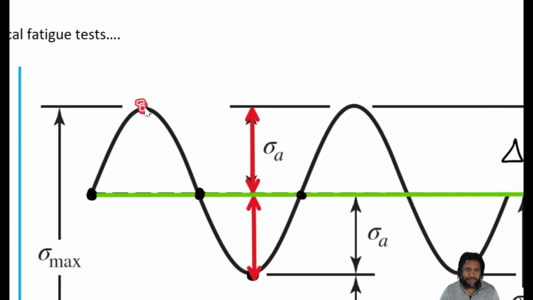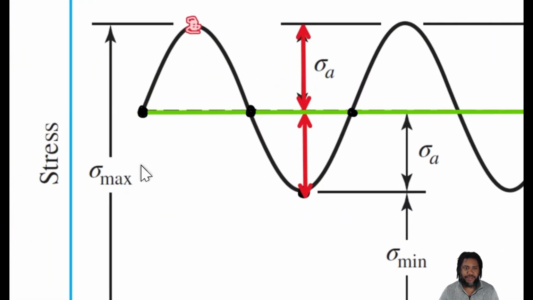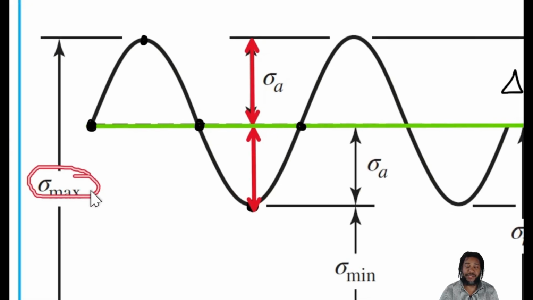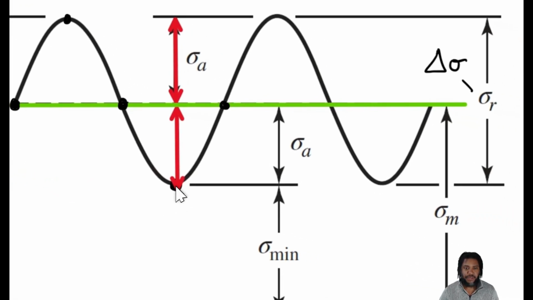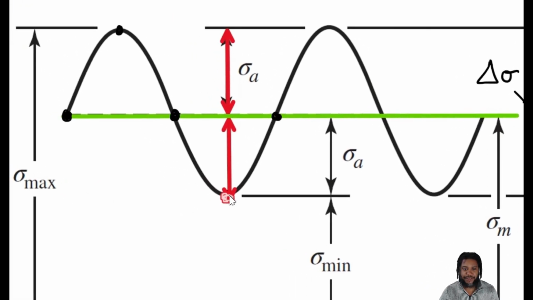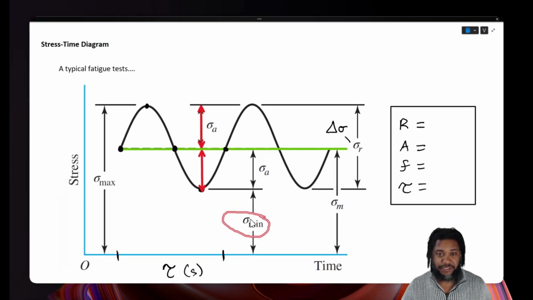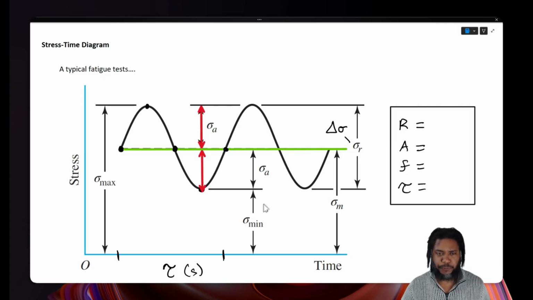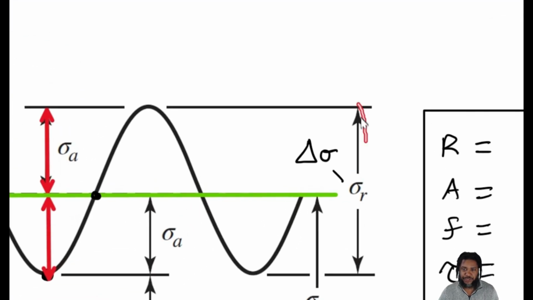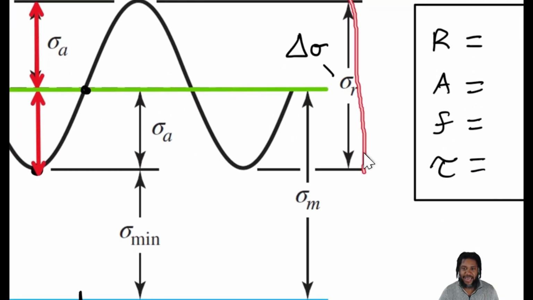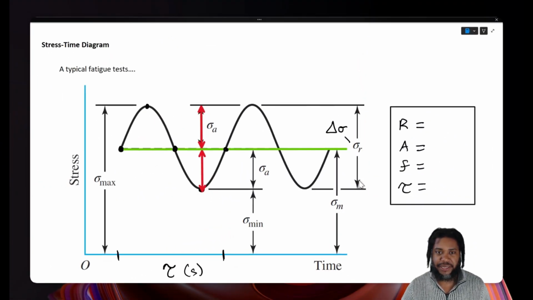The highest value on our stress time diagram is the maximum stress of our cycle. Our lowest value is the minimum stress per cycle. The range, which is the difference between the max minus the min, is the total range of stress within our cycle.